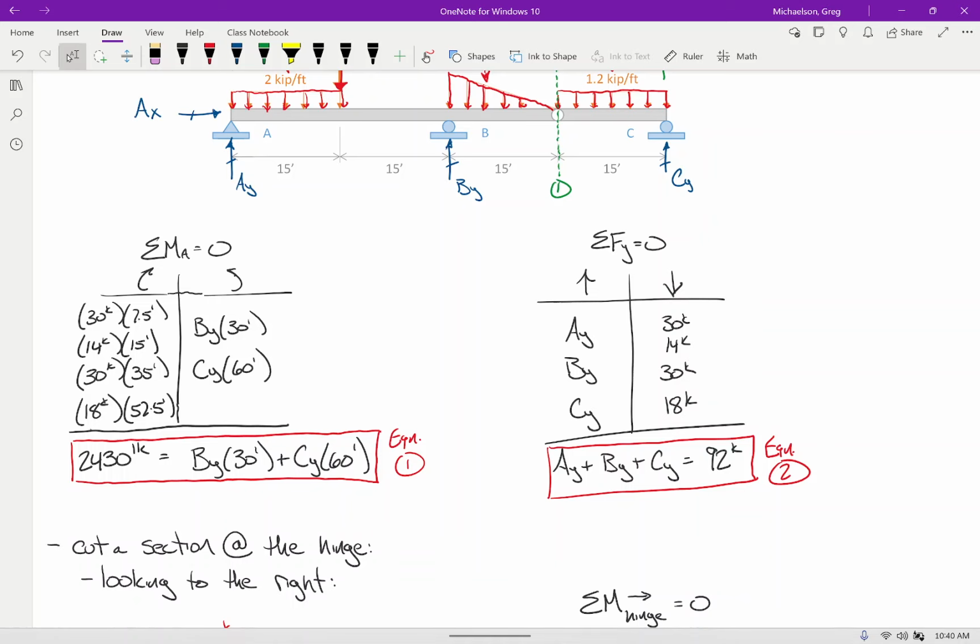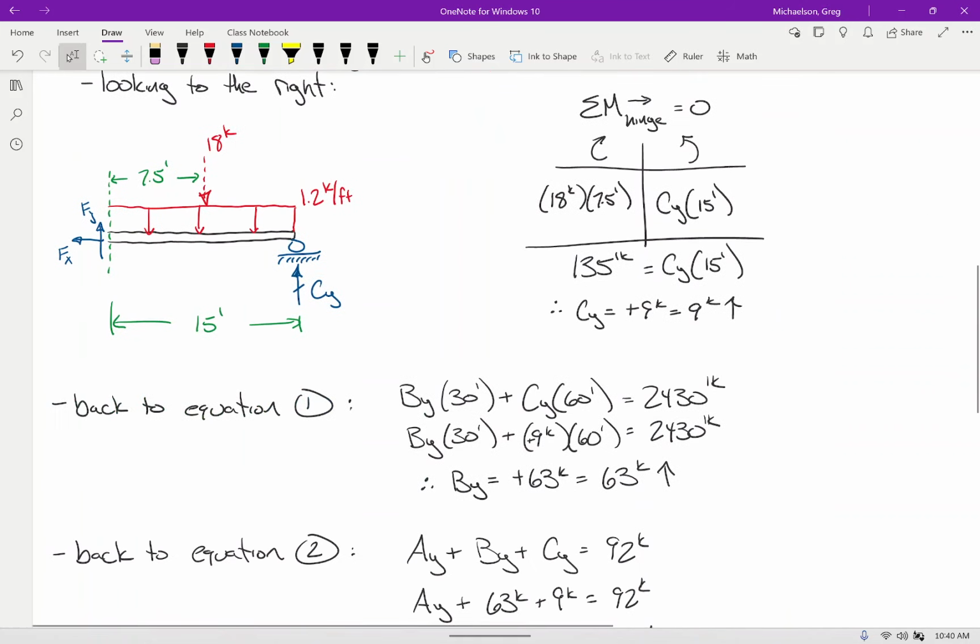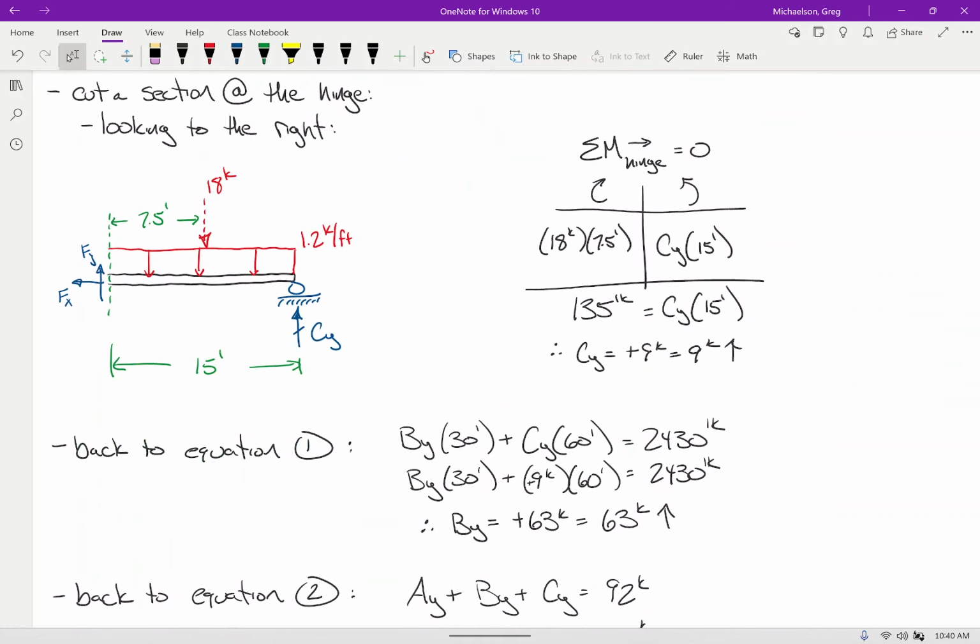So let's go to this diagram. I represent the red 18 kip force, and the structure would freely rotate. Let's say Mr. Allen is standing back here. Mr. Allen represents the CY reaction, and he pushes this way.